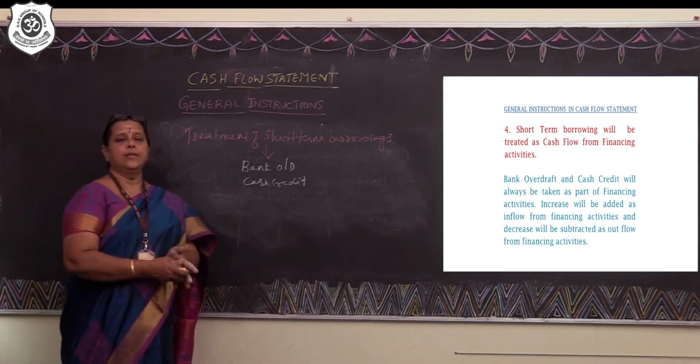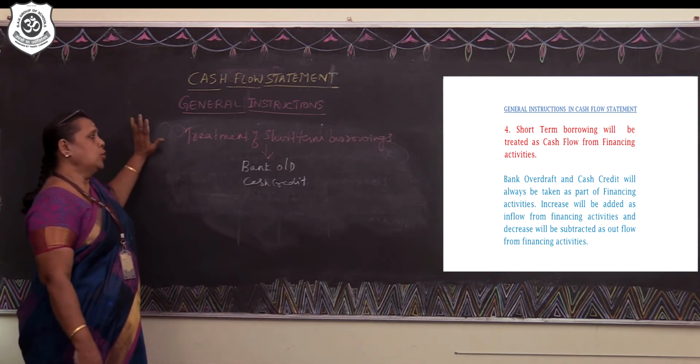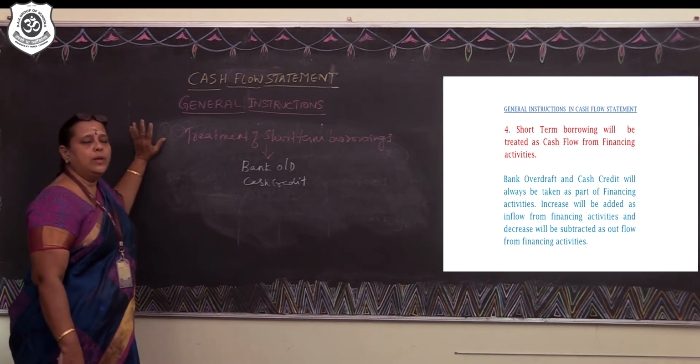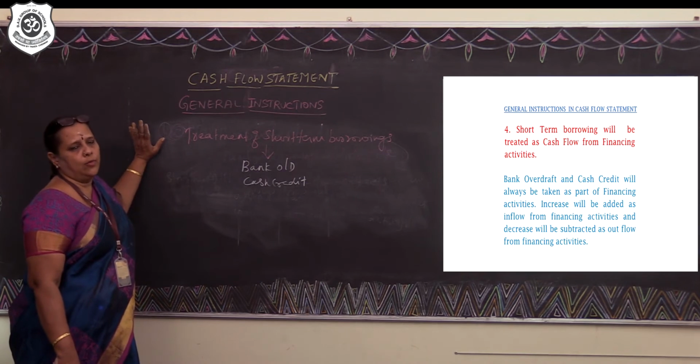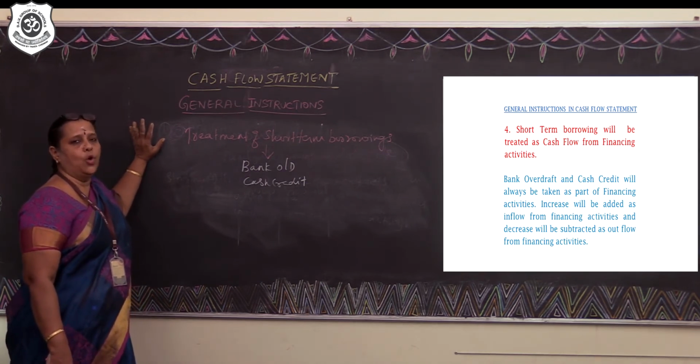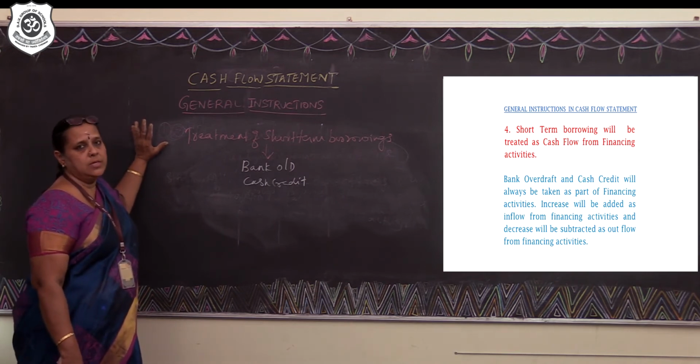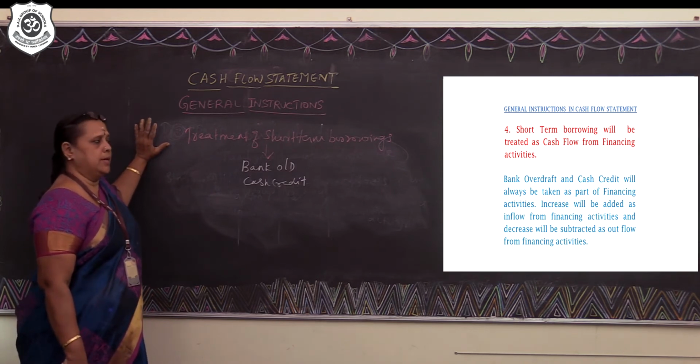They are treated as financing activities. So, short-term borrowings like bank overdraft and cash credit will be dealt with only in cash flow from financing activities. Increase in bank overdraft or cash credit will be taken as inflow from financing activities and decrease will be treated as outflow from financing activities.